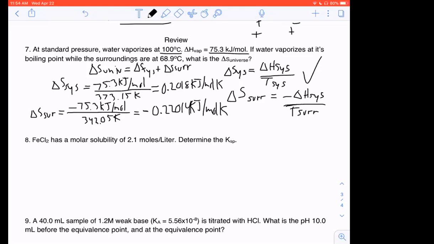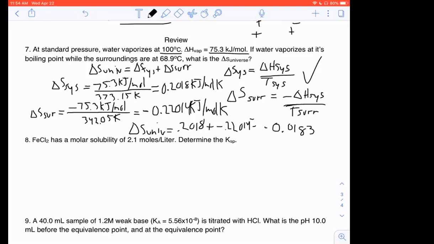To find the delta S of the universe, all you have to do is add those two values together. So delta S of the universe equals 0.2018 plus negative 0.22014, which equals, let's see, negative 0.0183 is what I got.